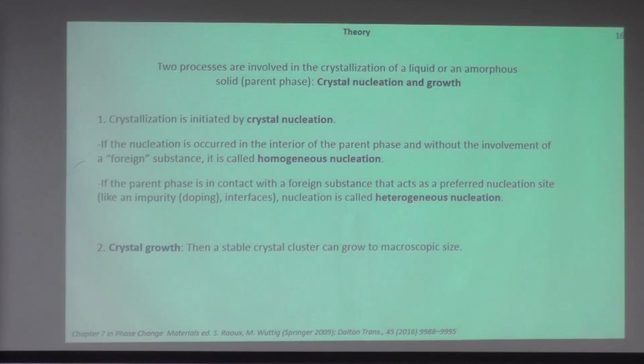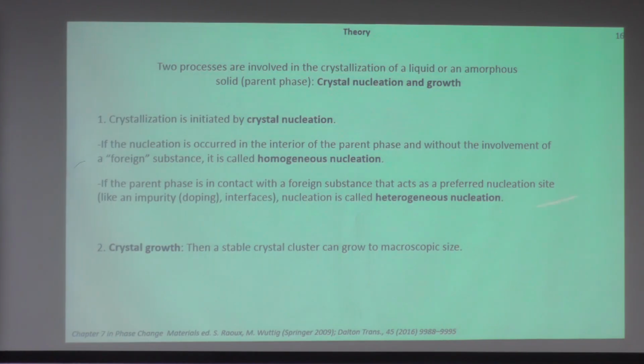In the crystallization of a liquid or amorphous state, we have two processes: crystal nucleation and growth. First, crystallization is initiated by crystal nucleation. Here we also distinguish between homogeneous and heterogeneous nucleation. In homogeneous nucleation, the nucleation occurs in the interior of the parent phase without the involvement of foreign substance.